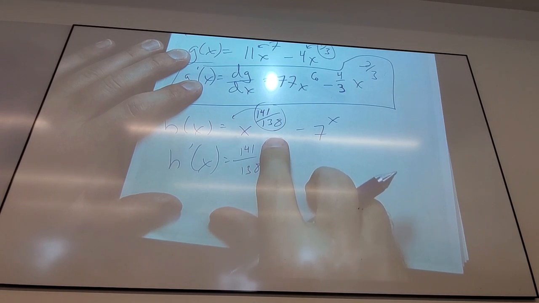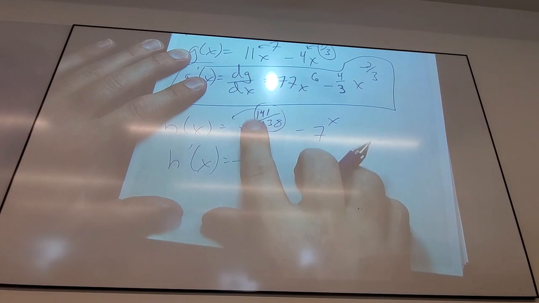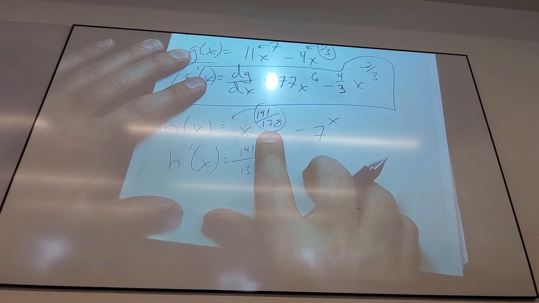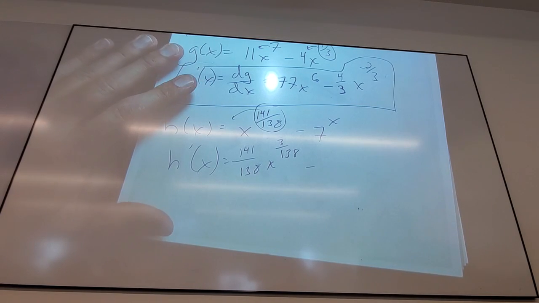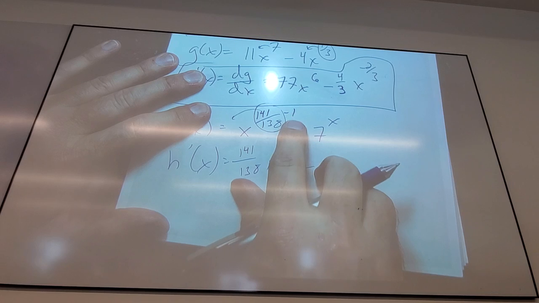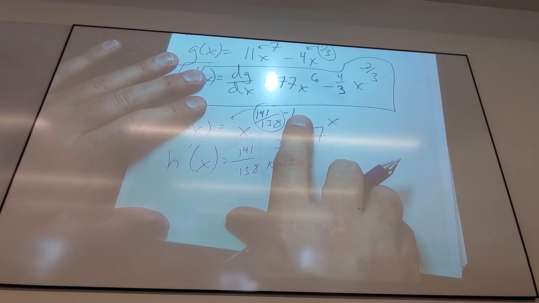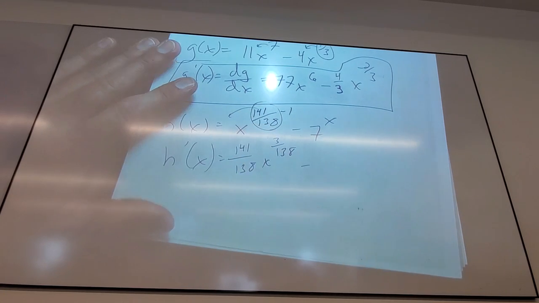What's 141 minus 138? 3. So 3 over 138. And again, real quick, if I subtract 1 from this, don't I have to multiply 1 by 138 on top and bottom? Wouldn't I then be subtracting 141 minus 138? So why do that? Just do it right here. That's why the shortcut works.